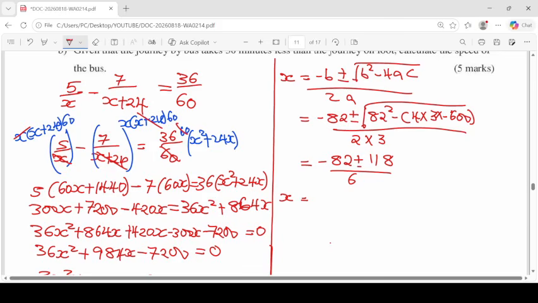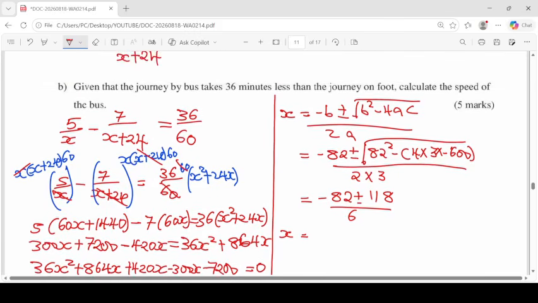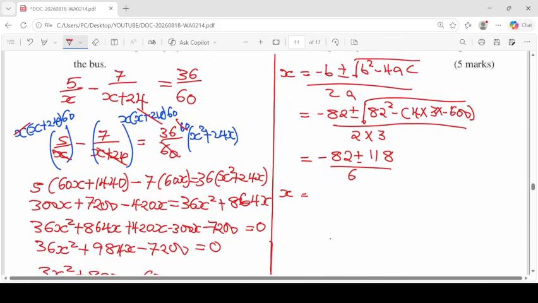This gives you, when you sort this, remember our x should be the speed. So this gives you, when you take negative 82 minus 118, we are lessing 118, then we are dividing this by 6.